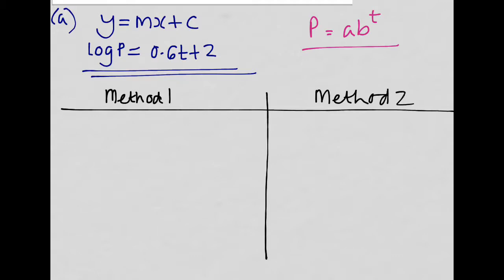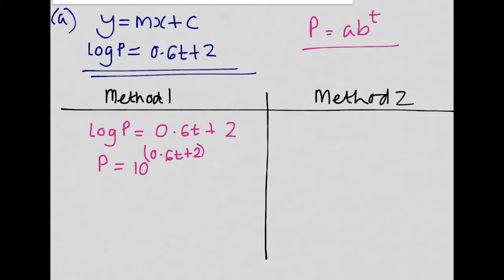So method 1, I'm just going to look at this on the left-hand side, and I'm going to say, okay, I've got log p equals 0.6t add 2. So because I want to do the inverse function and get rid of my log, I'm going to write p equals 10 to the power of 0.6t add 2.